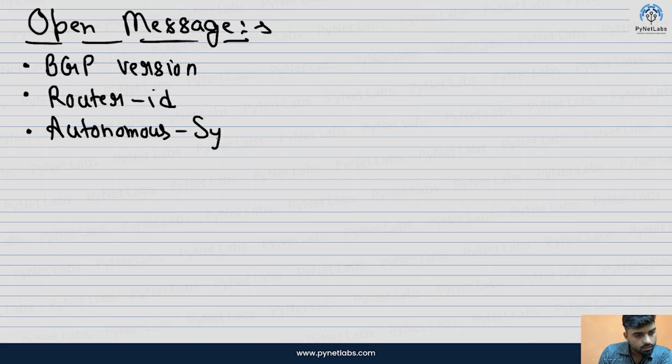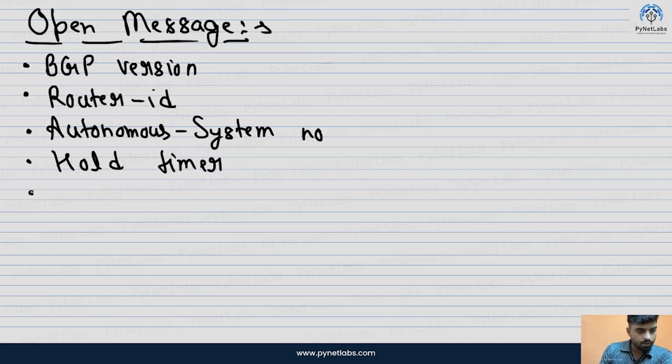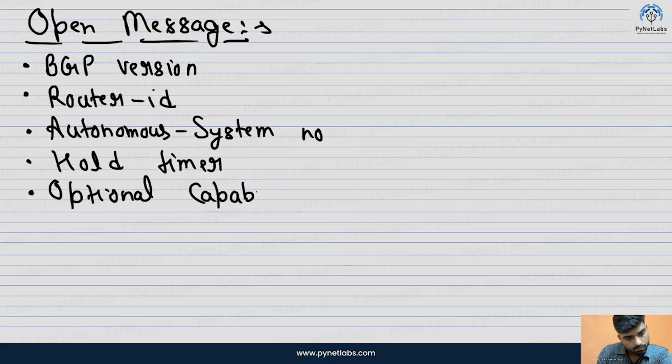And finally, it has some more details like the hold timer. And after this hold timer, one more thing is stored in this open message, that is the optional capabilities.